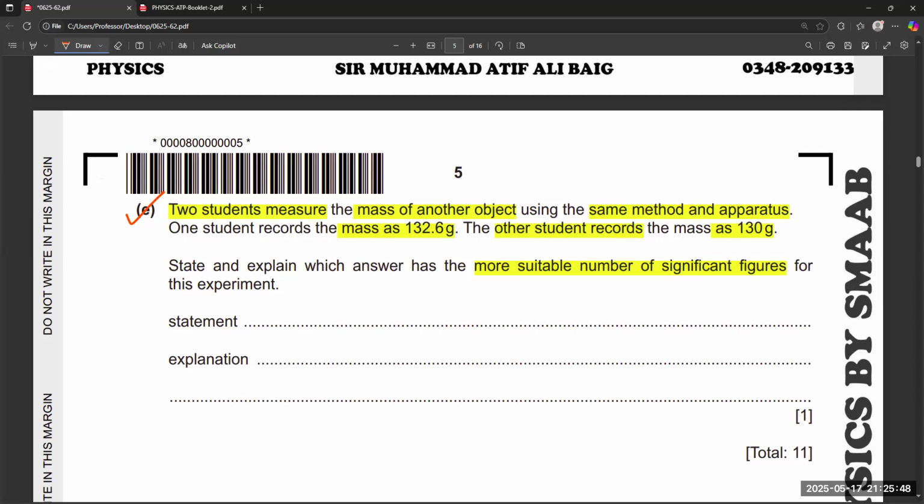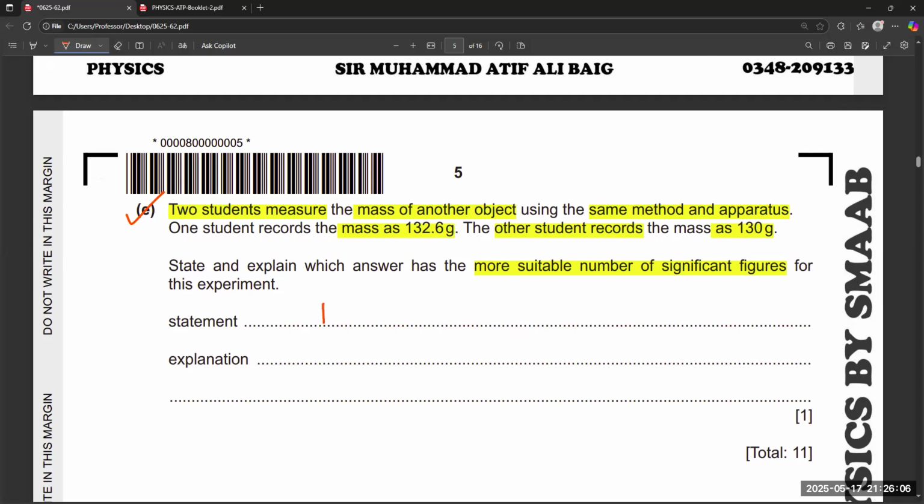So basically in our answers, we normally write two or three significant figures. So the answer 130 grams gives you more suitable significant figures in the answer.